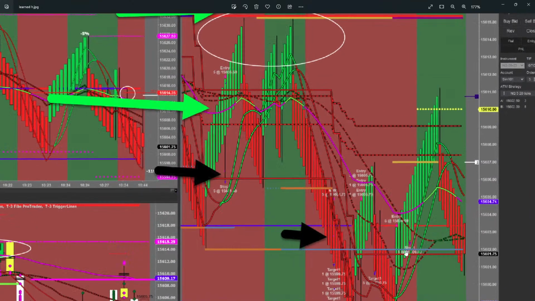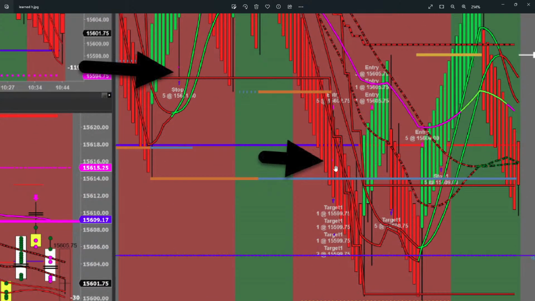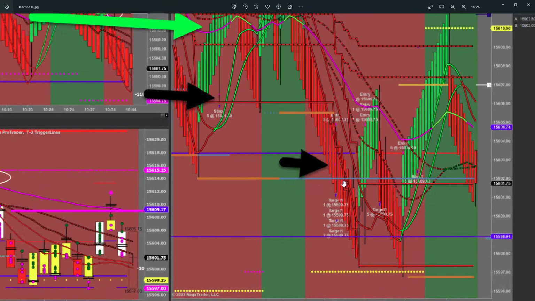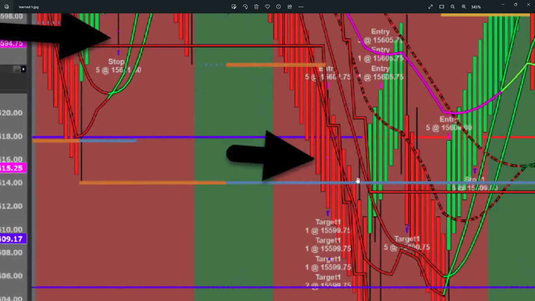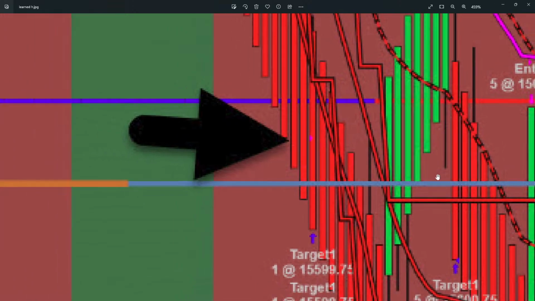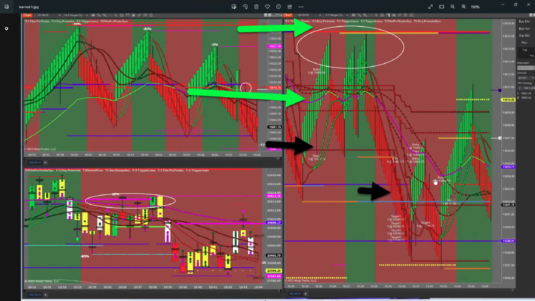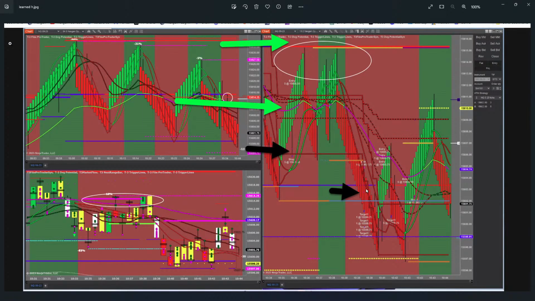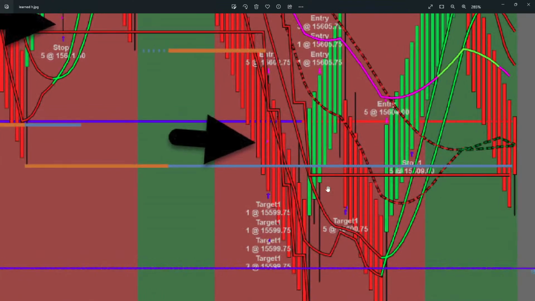And then the second one is you're pissed off because it's running without you, so you jump in. Again, you're jumping in at a prior divergence low, just because you're pissed off. And I understand it. That one goes down a few ticks and you actually make a little money, so no big deal.